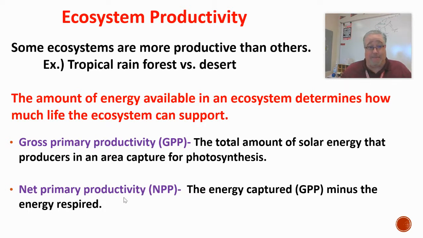Because net primary productivity, NPP, is the energy captured, that's the GPP, minus the energy that's respired. Remember, plants not only capture energy, but they also release it when they respirate as part of cellular respiration. So they're going to lose some of that energy.